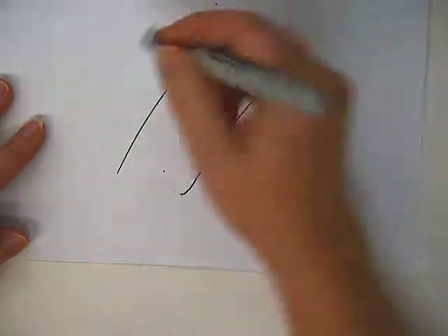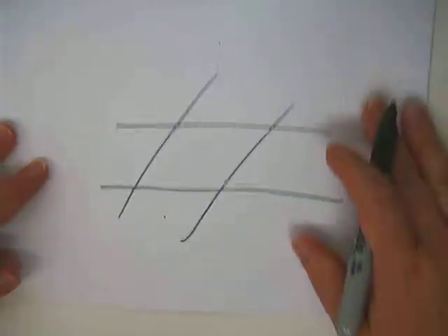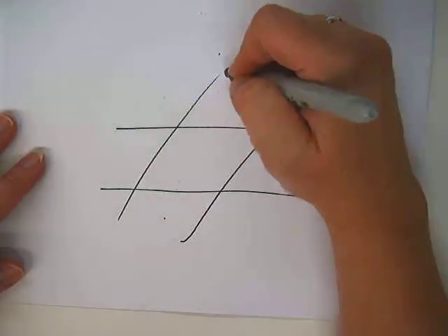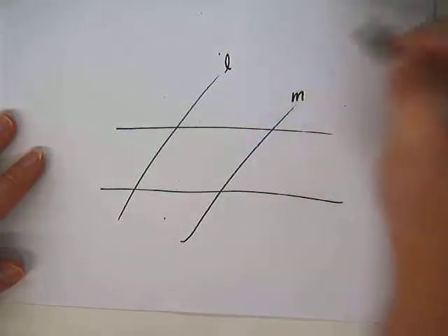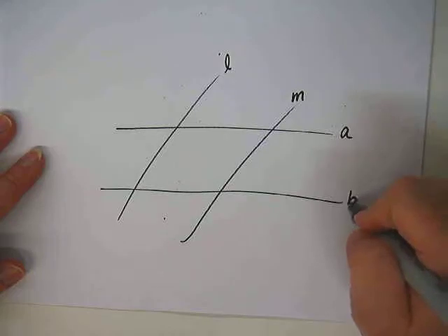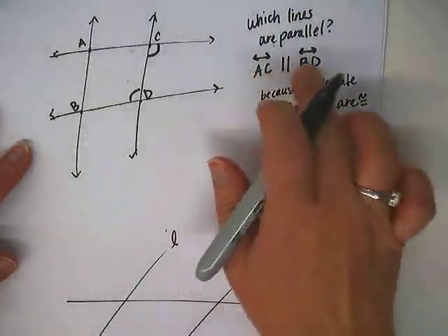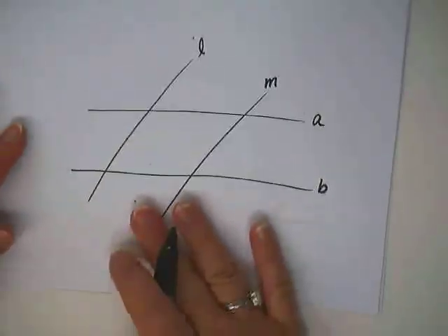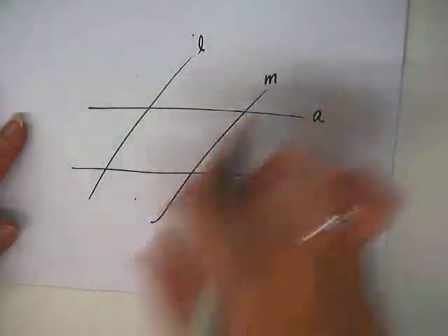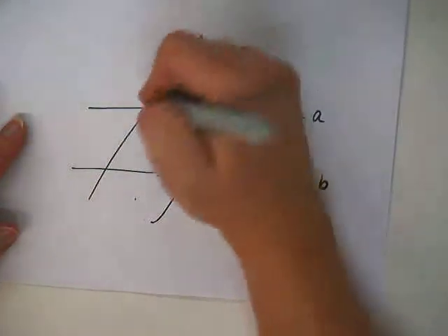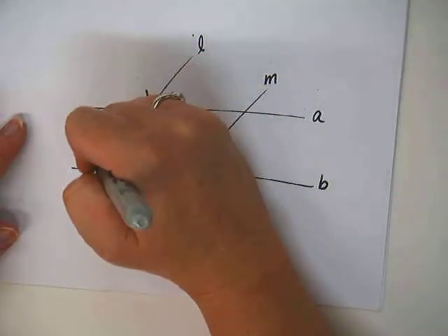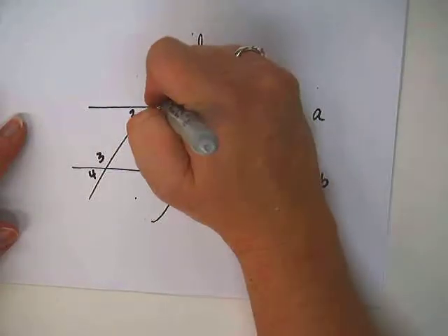The rest of your assignment, instead of looking like that, has a picture where they've numbered the angles, where they've named the lines with letters like L and M and A and B. Now, do you have to name these lines using 2 points like we did here? No, these lines can just be named with the lowercase letters. Okay?